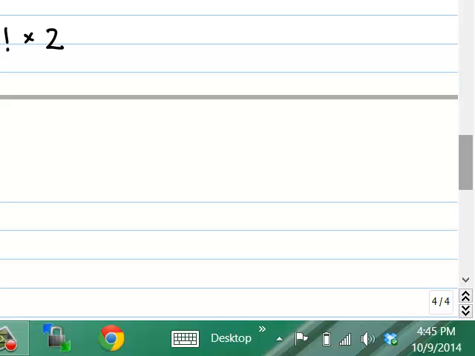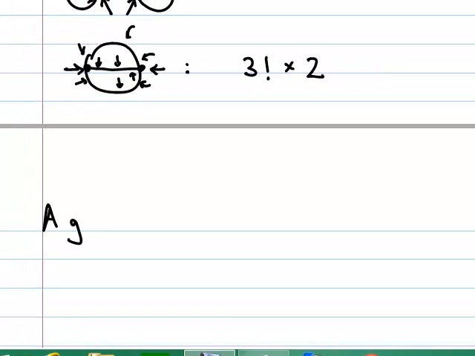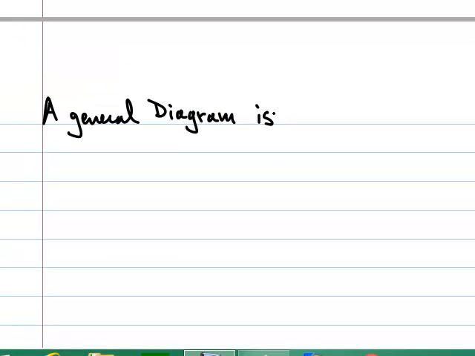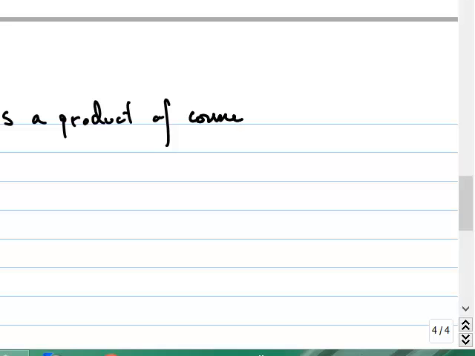So the first thing that I want to emphasize, as we've seen before, is that a general diagram is not going to be connected, but rather will be a product of some number of connected diagrams.